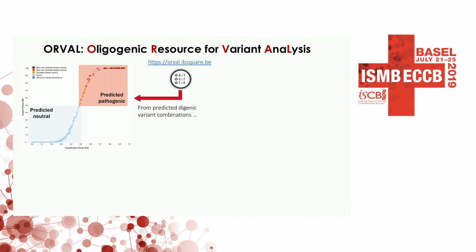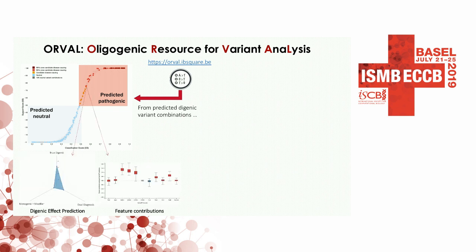You can also assess specific combinations that are predicted, to know specifically what kind of digenic effect is predicted. So you have three different classes: true digenic, monogenic plus modifier, or dual molecular diagnosis. And also to understand why the predictor took that decision, based on feature contribution, where you can see the contribution of each feature of the model.